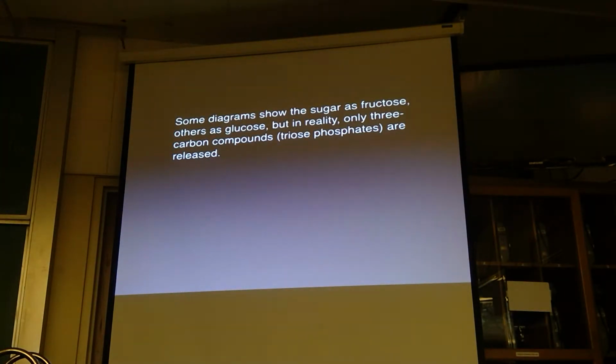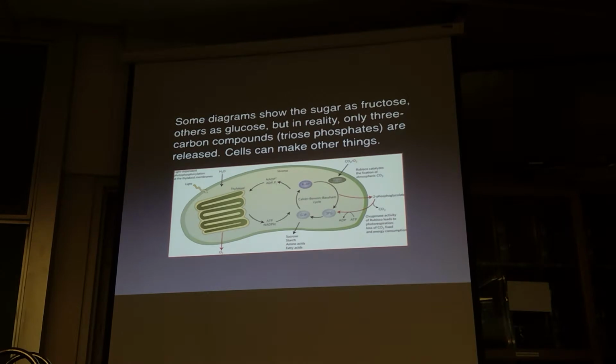Now, what we're going to do next is talk about what other kinds of things cells can make, because this section is talking about biosynthesis. So, the light-independent reactions of photosynthesis, the Calvin-Benson cycle, that's just one way that organisms can fix carbon.